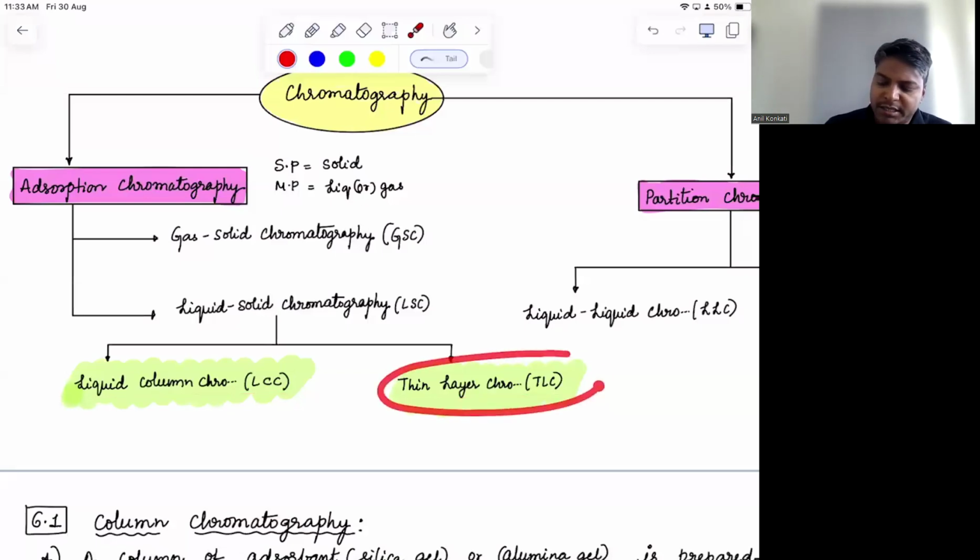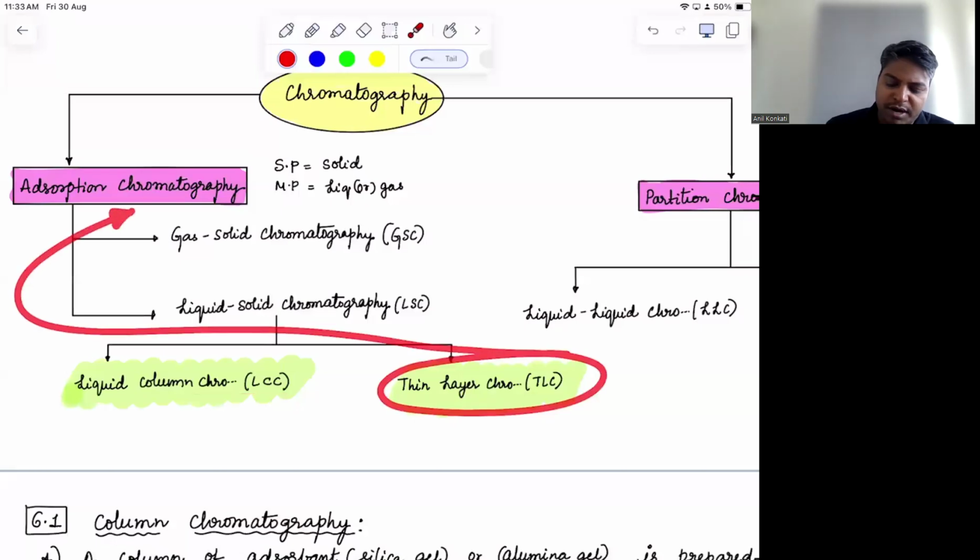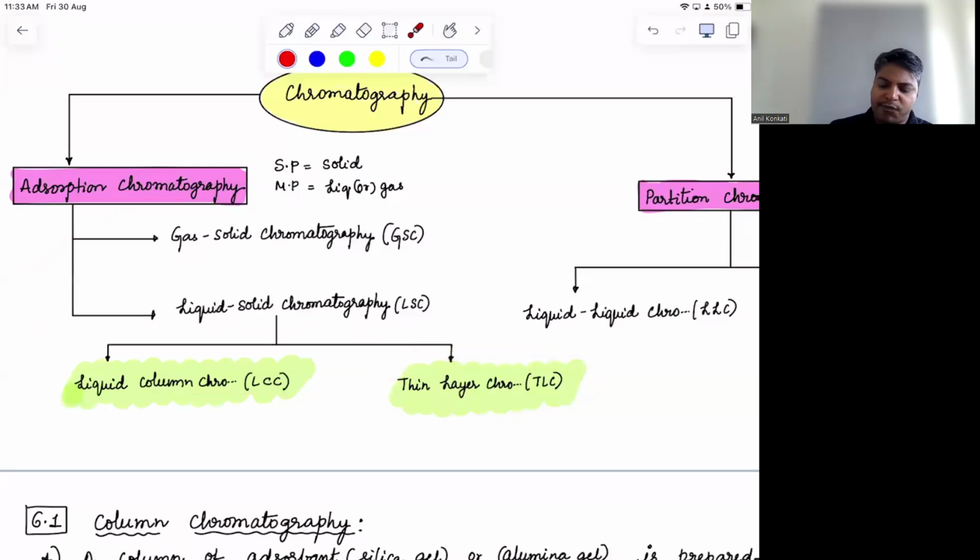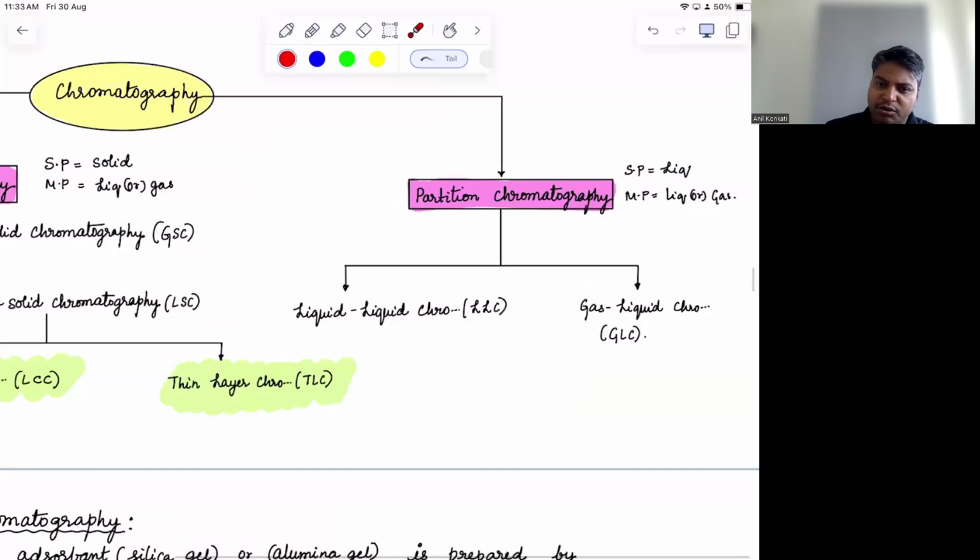So remember, TLC, thin layer chromatography, belongs to adsorption chromatography. While in partition chromatography, stationary phase is liquid, mobile phase is liquid or gas. And this time it will be liquid chromatography and gas liquid chromatography.